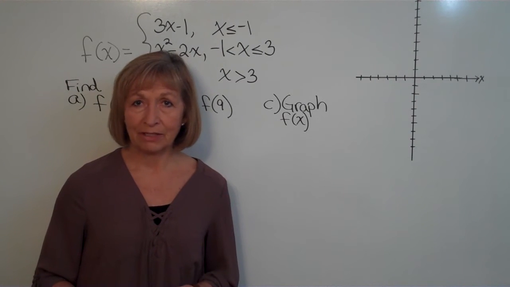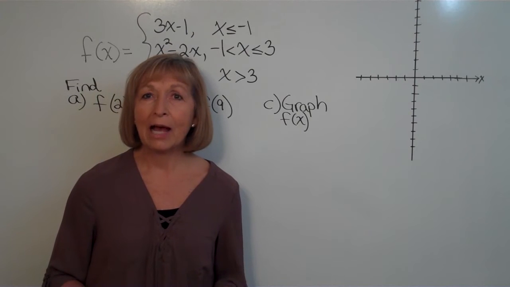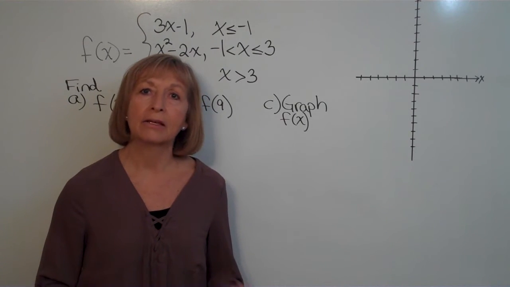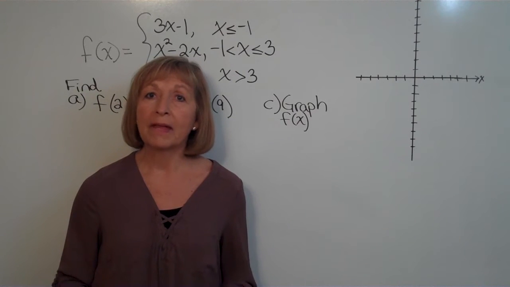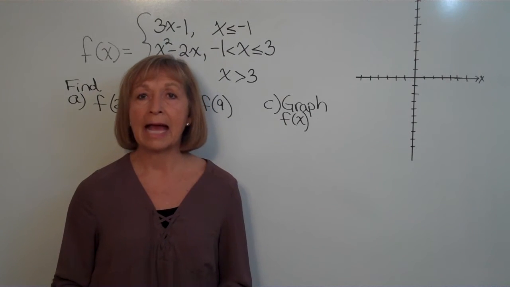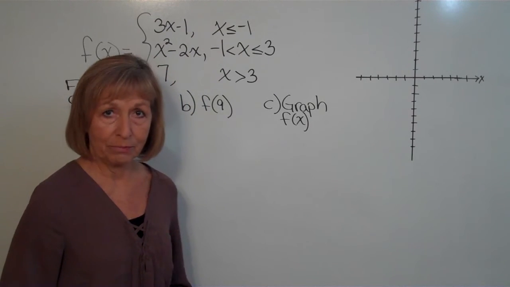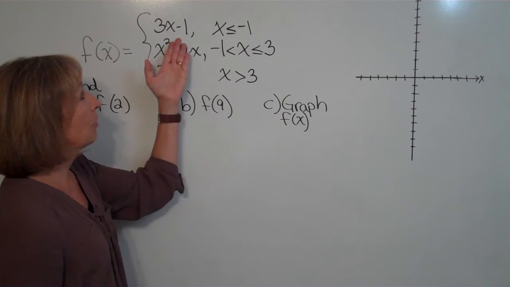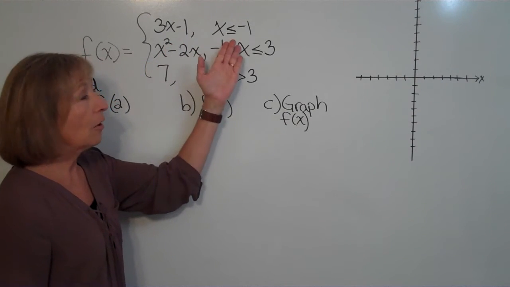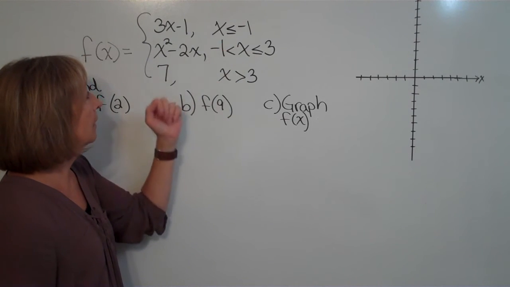What I'd like to do in this video is show you an example of a piecewise defined function and how you are able to get the graph of it, as well as answering questions about what the output of the function is at specific given inputs. So our first example is the piecewise defined function f of x is equal to 3x minus 1 over the span of x's that are less than or equal to negative 1.